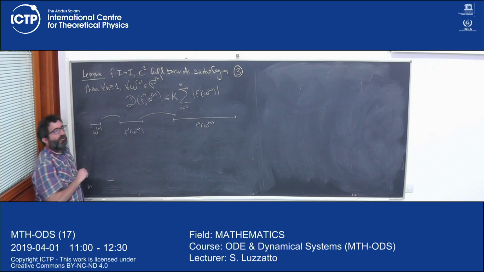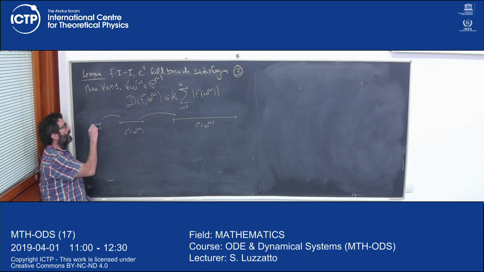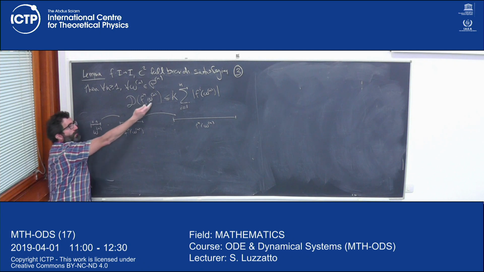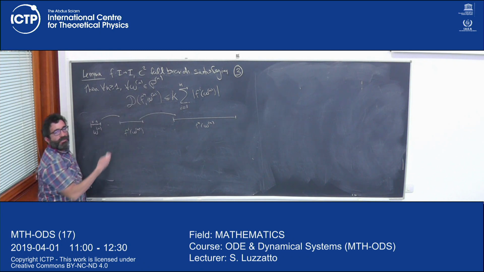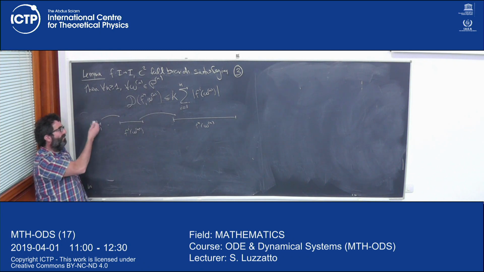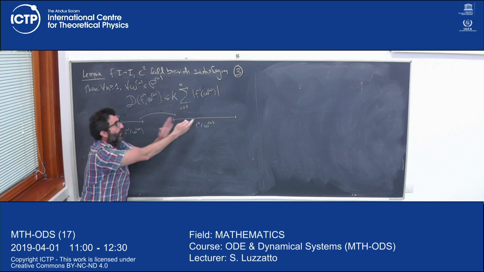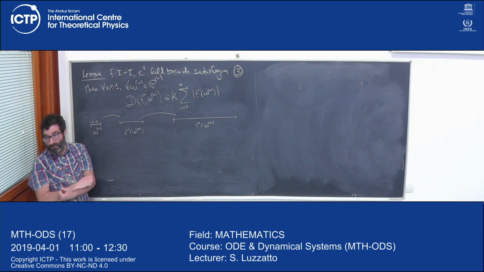That's the bound for the distortion. The distortion is comparing the derivatives. Here we have two points x and y. For any two points x and y in omega n, we found a bound: the ratio of the derivatives is bounded by this, which is the sum of the sizes of these.